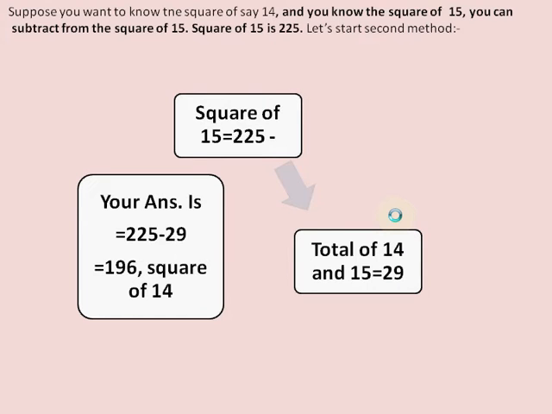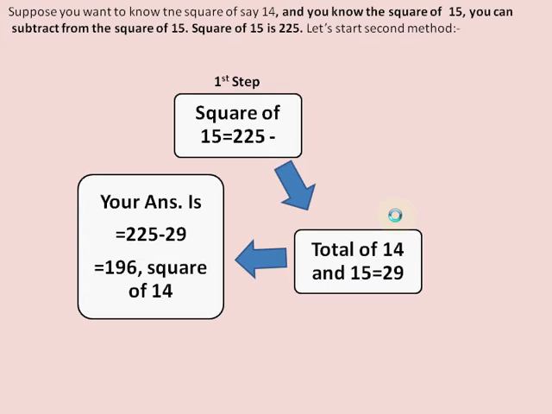In the first step, you have seen that the square of 15 is 225. So you subtract the sum of 14 and 15 from the square of 15. It means 225 minus 29, which is 196.